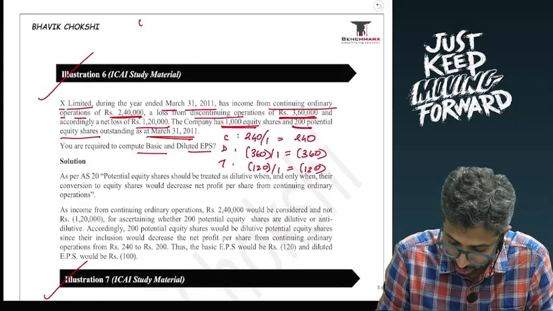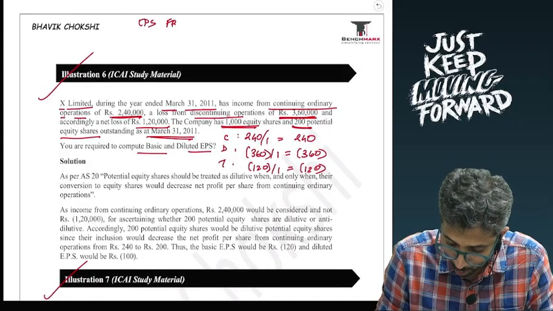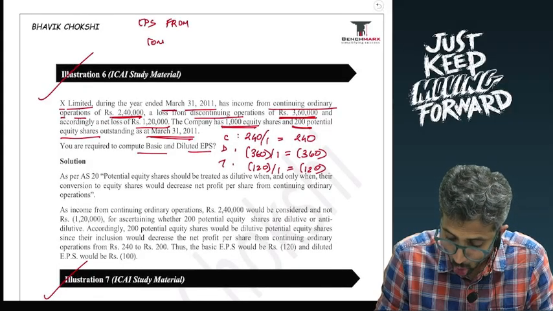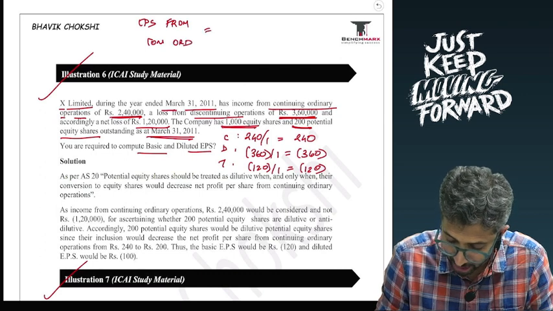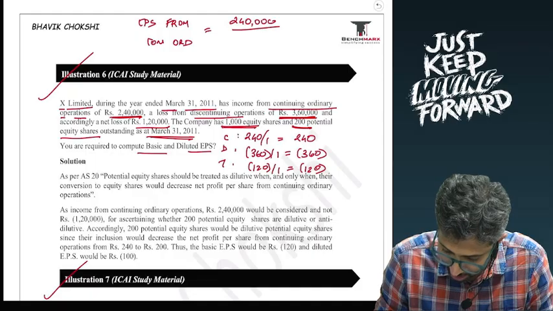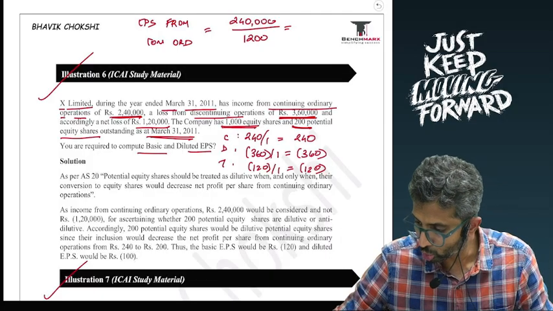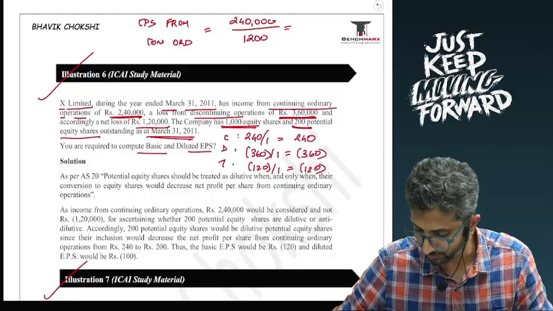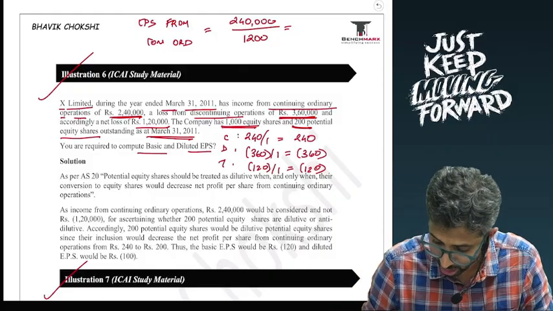Well, I will first try to find the EPS from the continuing ordinary activities if I include them. So this is 2,40,000 positive divided by 1,000 plus 200, that is 1,200, and hence 2,40,000 divided by 1,200 comes to around 200.